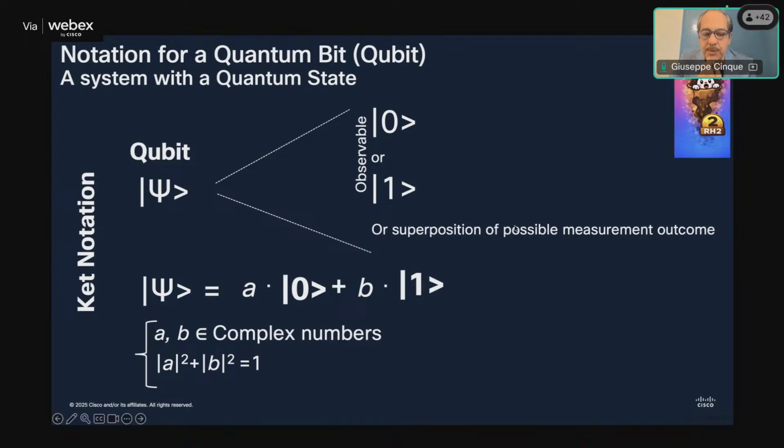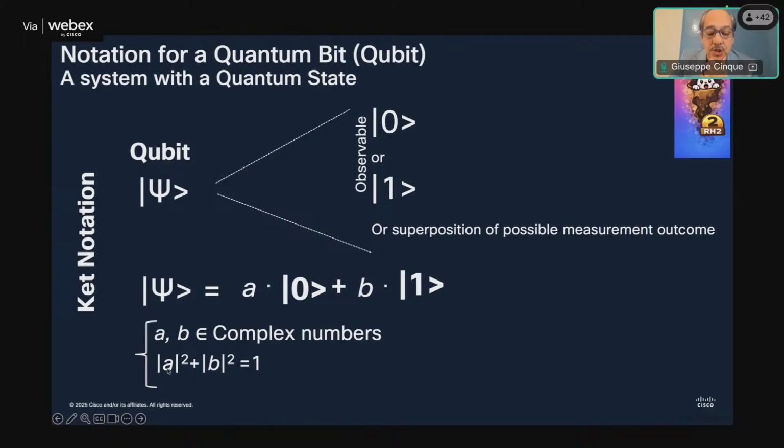So what is this superposition? It is exactly this: the multiplication of a coefficient A times the state 0 plus a coefficient B times the state 1. But this time the conditions are different. A and B can be any number, any real number, even more: they can even be complex numbers, with imaginary parts and so on. So they can be whatever.